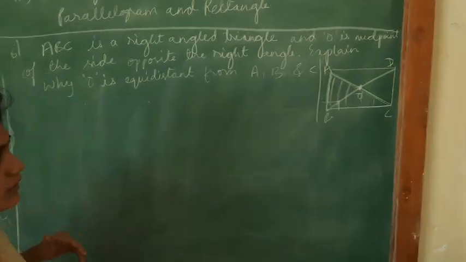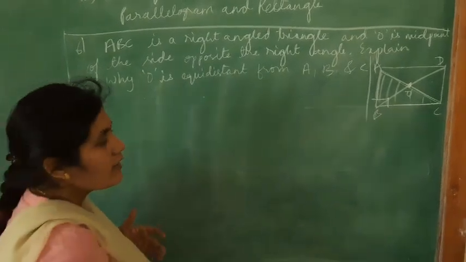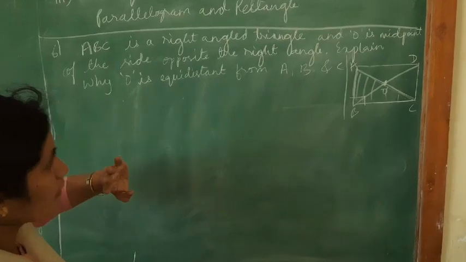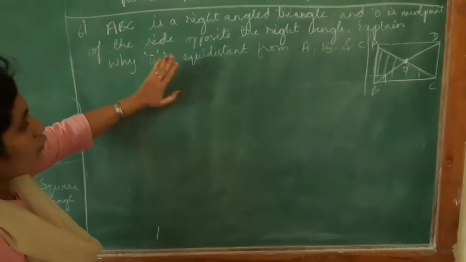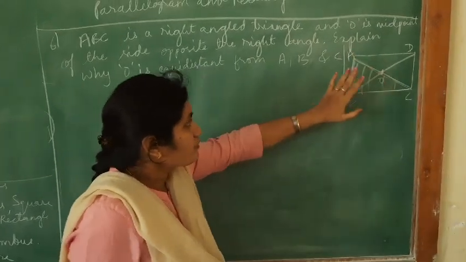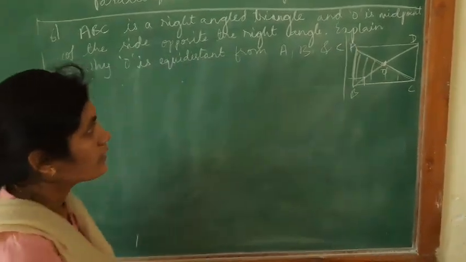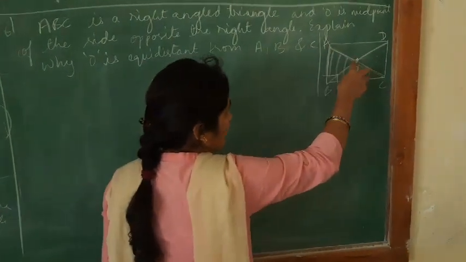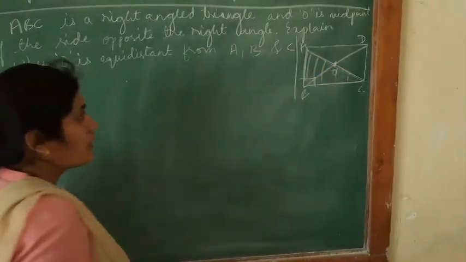Already in your 7th standard you have learned the right angle property where the side opposite the 90 degree is called the hypotenuse. But here no need to mention it, just for your knowledge I am telling. This is the hypotenuse AC if you consider ABC as the right angle. Explain why O is equidistant from A, B and C.